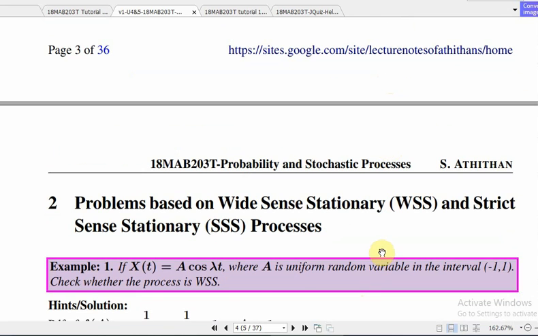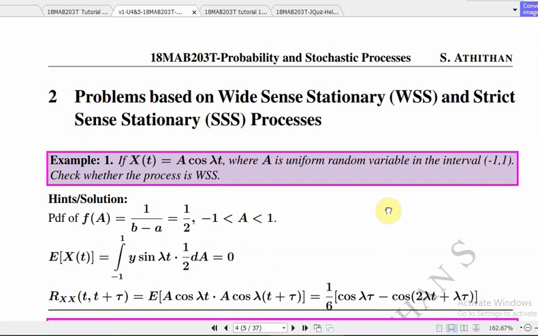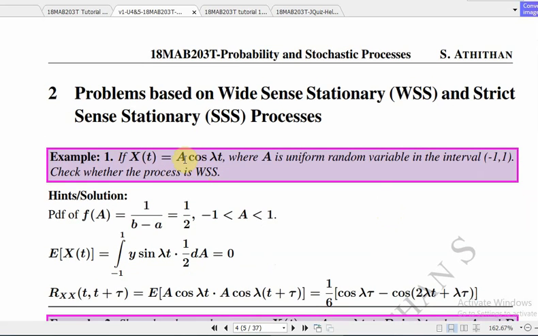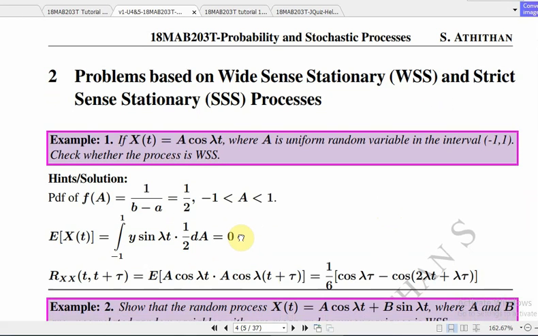Now WSS. Even though we have considered this problem in the class, I will just tell you once again. Here a is the random variable and cos lambda t, where lambda is a constant; that is not mentioned here anyway. Lambda is a constant, so E of x of t comes as 0. So it is a stationary process, we may say in the first step, but the question is WSS.